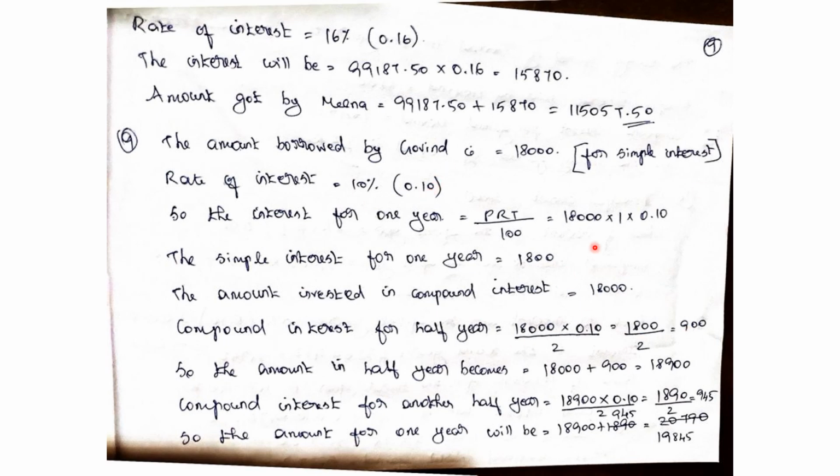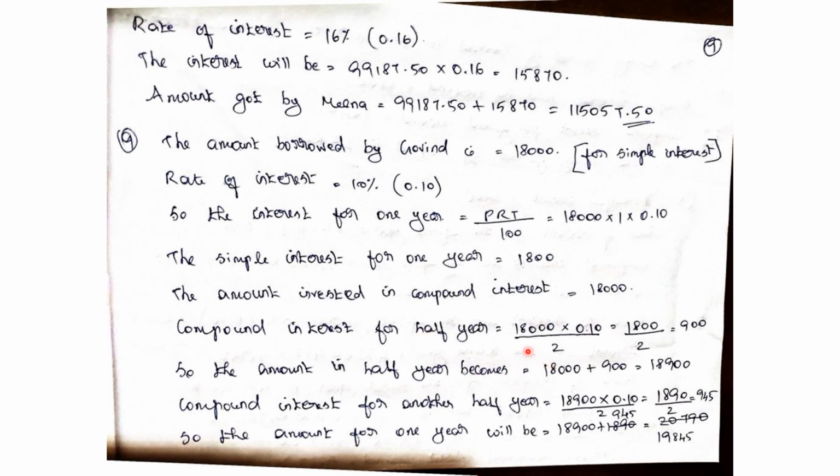What he did, he invested the same money, that is 18,000, for compound interest, which is getting compounded half yearly. Okay, once in 6 months. So the amount invested in compound interest is 18,000. So 18,000 into 0.10, because the interest rate is the same, 0.10, but here it is getting compounded half yearly, no?